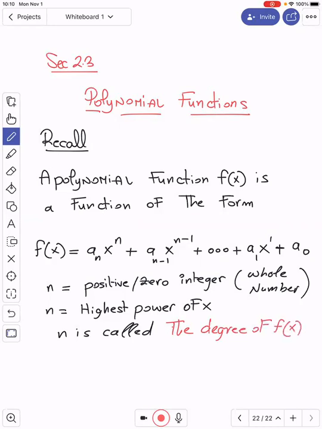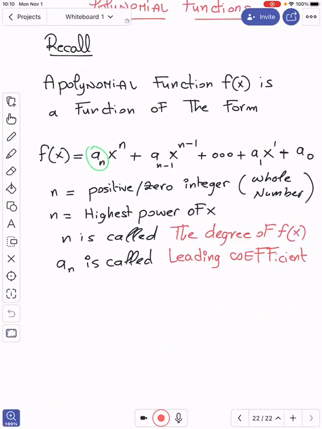The coefficient, the number in front of x to the power n, a subscript n, is called the leading coefficient. All right, so that's the definition of a polynomial.